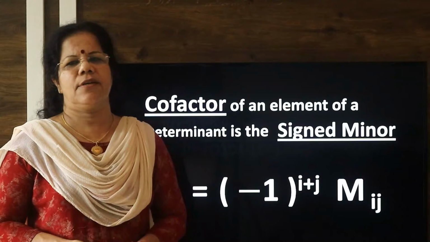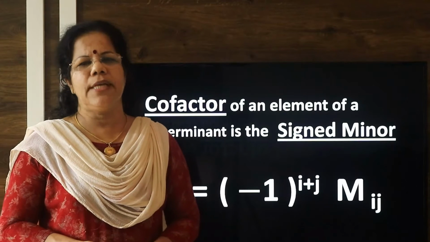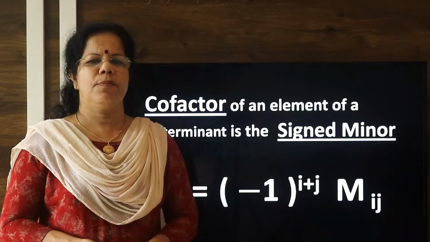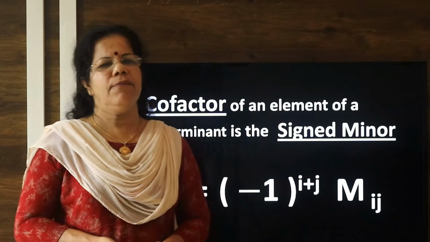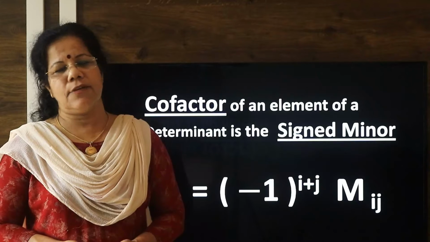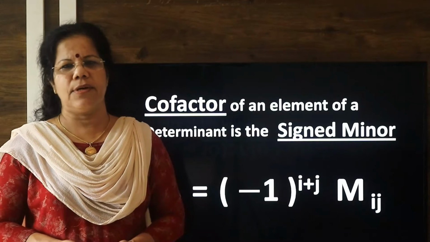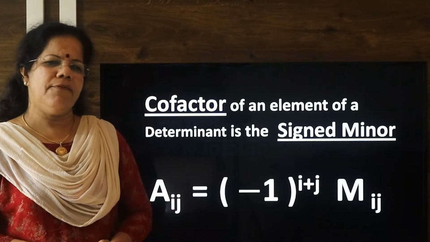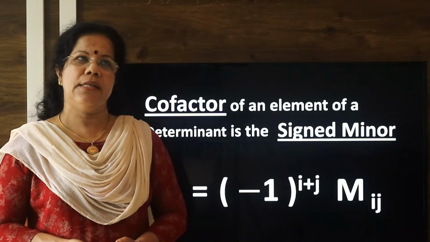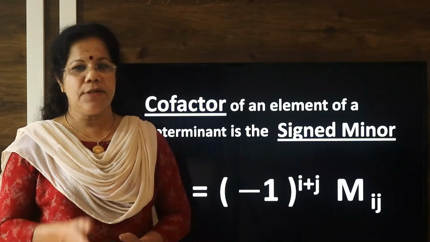So it is clear from the definition. Now you can tell what will be A11. A11 will be negative 1 whole power 1 plus 1 times M11. Then 1 plus 1 is 2, negative 1 whole squared, an even power, is 1 only. So A11 will be M11. For A12, 1 plus 2 is 3, negative 1 whole power 3 is equal to negative 1.